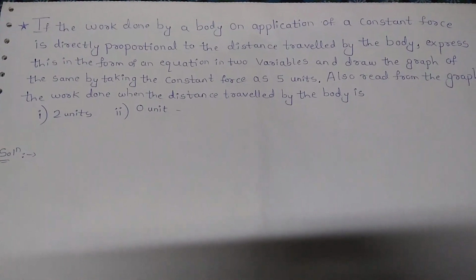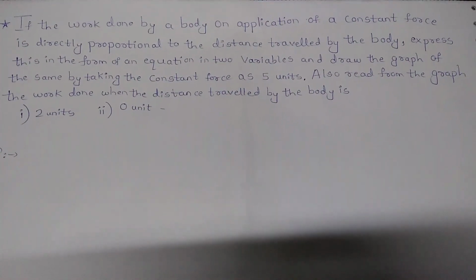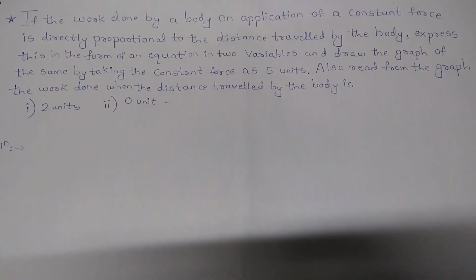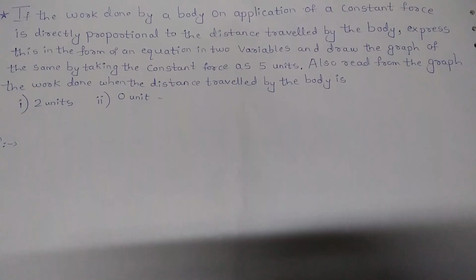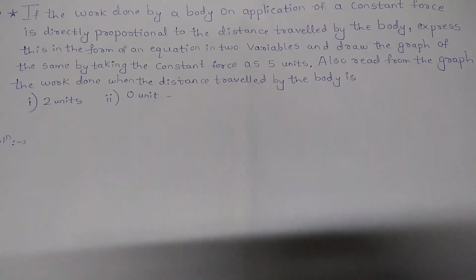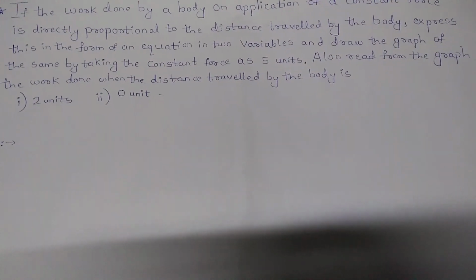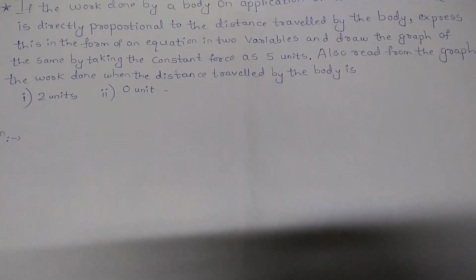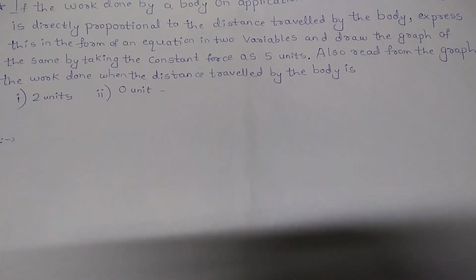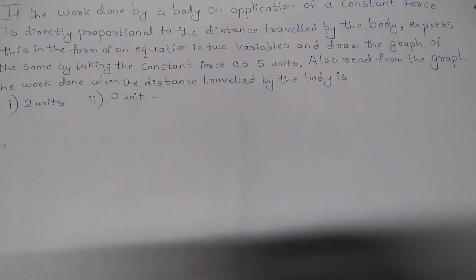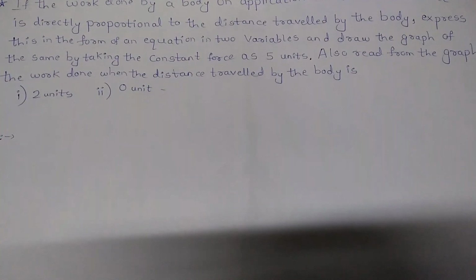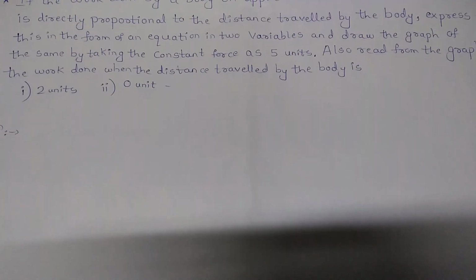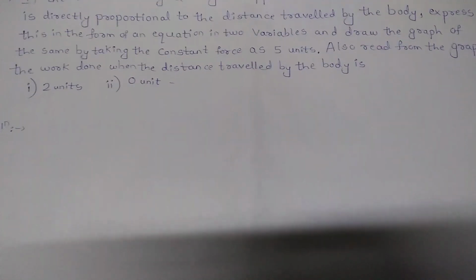If the work done by a body on application of a constant force is directly proportional to the distance traveled by the body, express this in the form of an equation in two variables and draw the graph for the same by taking the constant force as 5 units, and also read from the graph the work done when the distance traveled by the body is 2 units and 0 units.